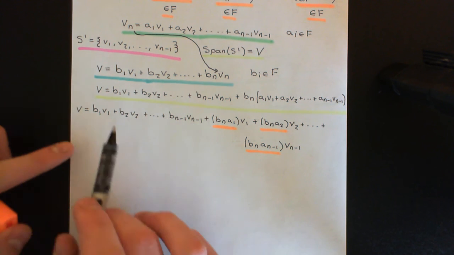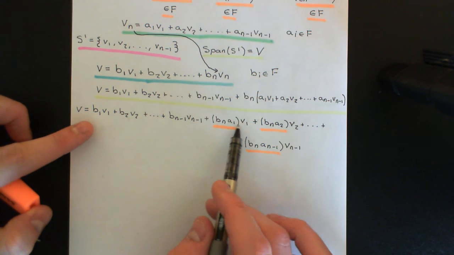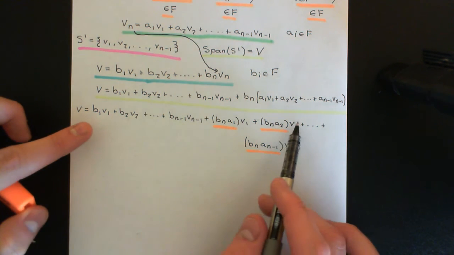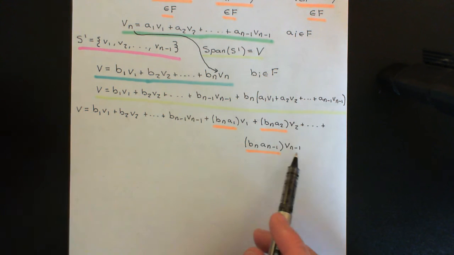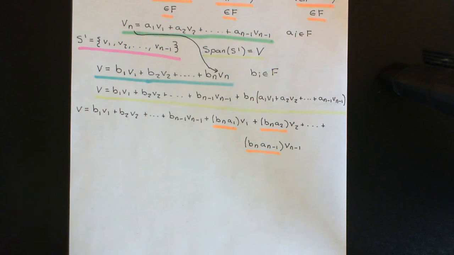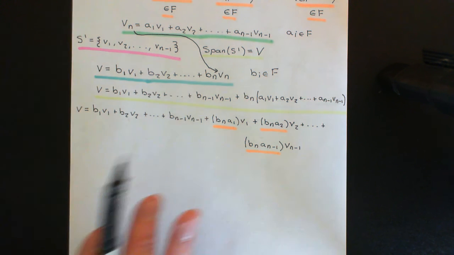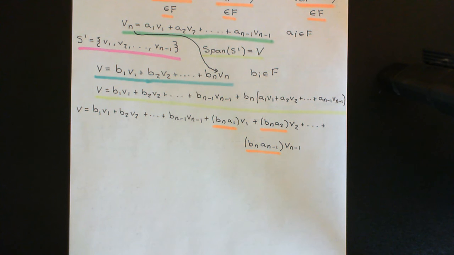Now all I want to do is get this portion together with this portion, together with this portion, and so on. So firstly, I'm going to apply associativity and commutativity of addition to move this around. Addition obeys these two beautiful properties.